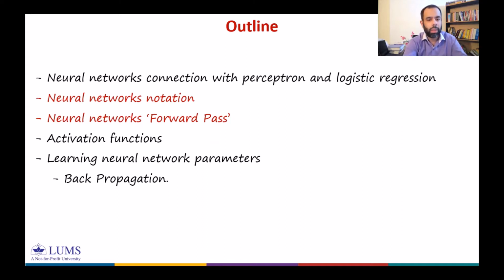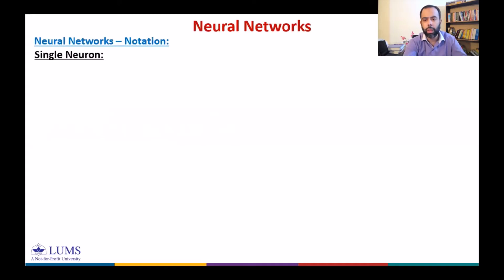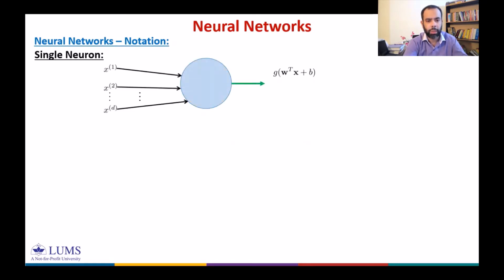We start with a single neuron, and let's revisit the notation we adopted for a single neuron. That's how we define the output of a single neuron. We have an activation function, whose input is a linear combination of the inputs, so a weighted combination of inputs plus bias. If I use a variable z to denote this linear combination, z is W transpose X plus B, and we call this the pre-activation output of a neuron.